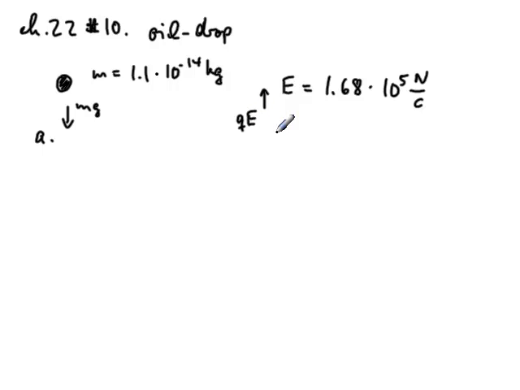What is the charge of this drop? So this force over here is the same as this force over here, except one of them is negative and the other positive, but in magnitude they're the same.